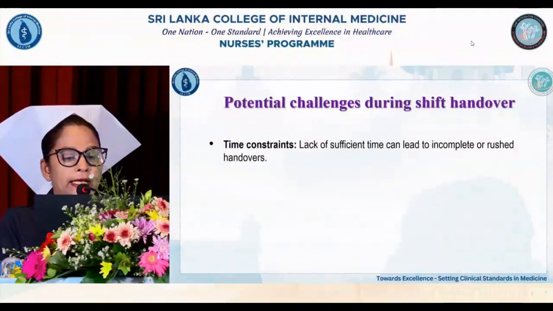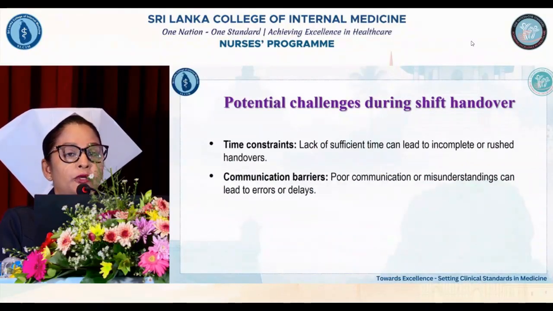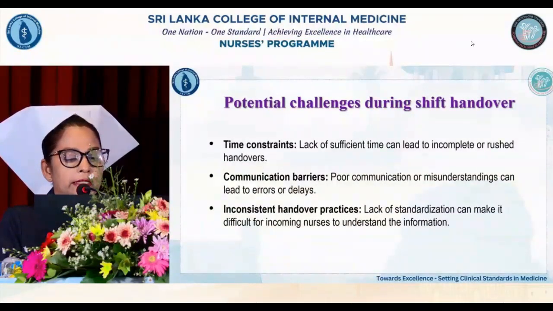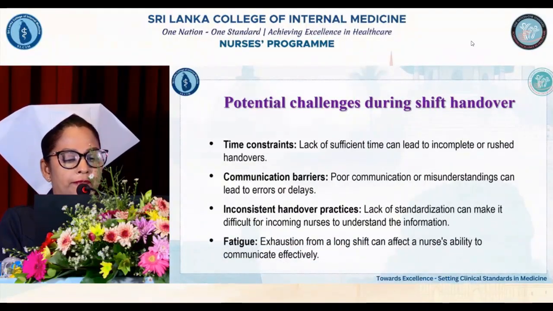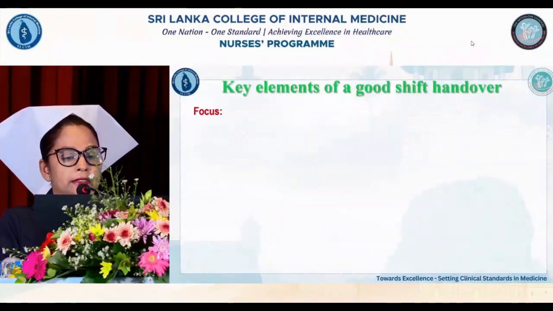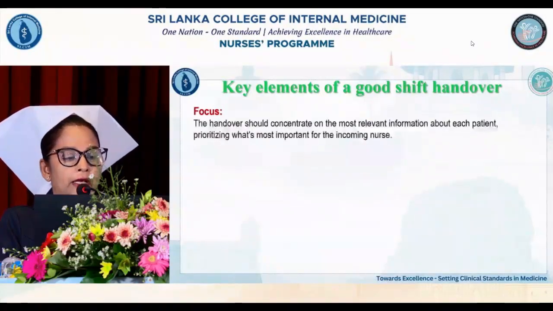These are the challenges that you can come across: time constraints, communication barriers, inconsistent handover practices, and fatigue due to exhaustion from long shifts. Key elements for a good shift handover: you have to be focused on what you are telling, your information about each patient, and prioritize the things you have to talk about.